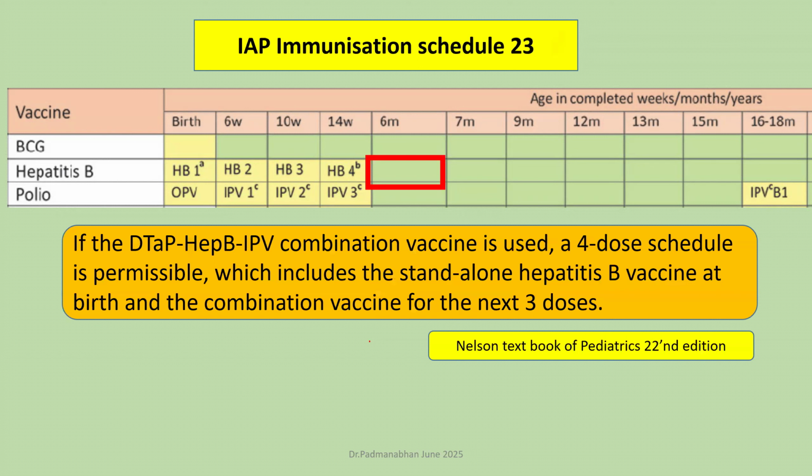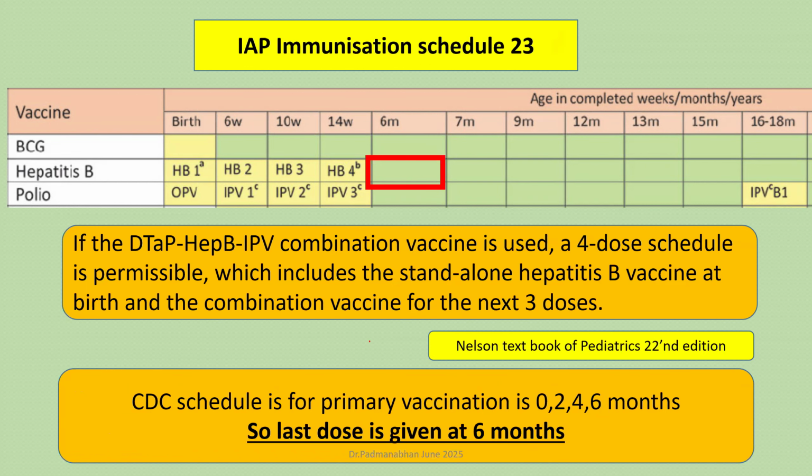Now look at what Nelson says. Read it. Can you see what's come up? If the DTaP, Hep B, and IPV combination vaccine is used, a 4-dose schedule is permissible, which includes the standalone hepatitis B vaccine at birth and the combination vaccine for the next 3 doses.